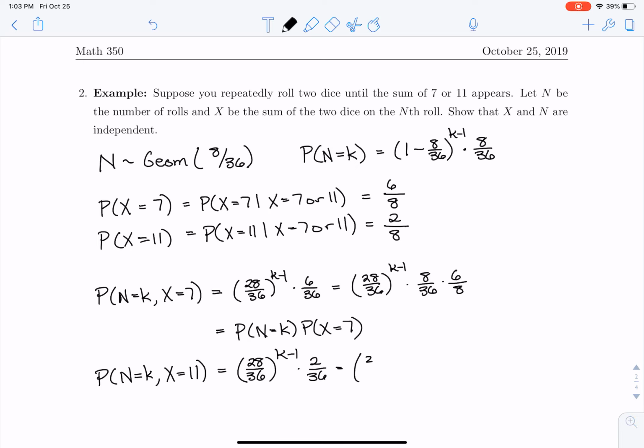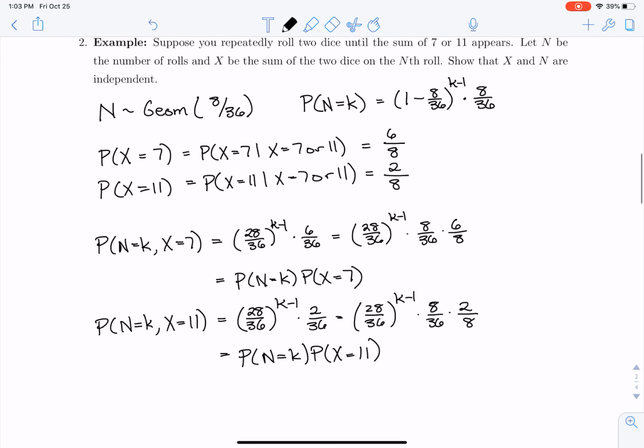Now we can rewrite that as 28 out of 36 to the k minus 1 times 8 out of 36 times 2 out of 8. And that is the probability that n equals k times the probability that x equals 11.